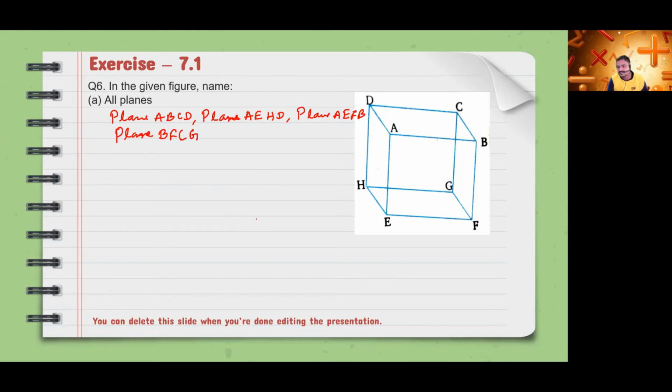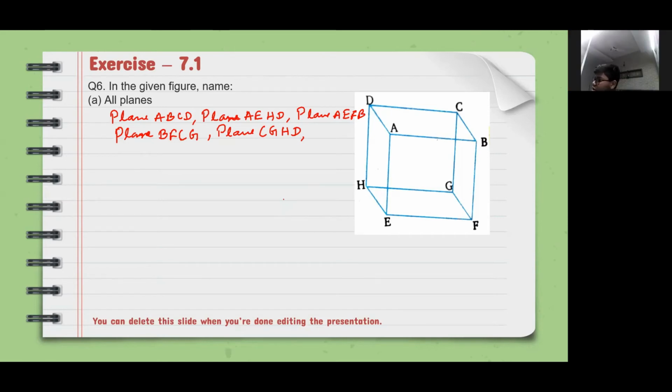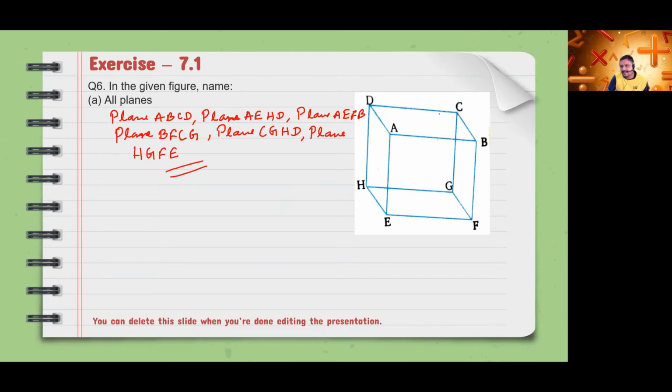Next, plane CGHD. Okay. The last plane is HGFE. Okay. So there will be 6 planes because it is a cubical shape. So a cube has 6 sides.